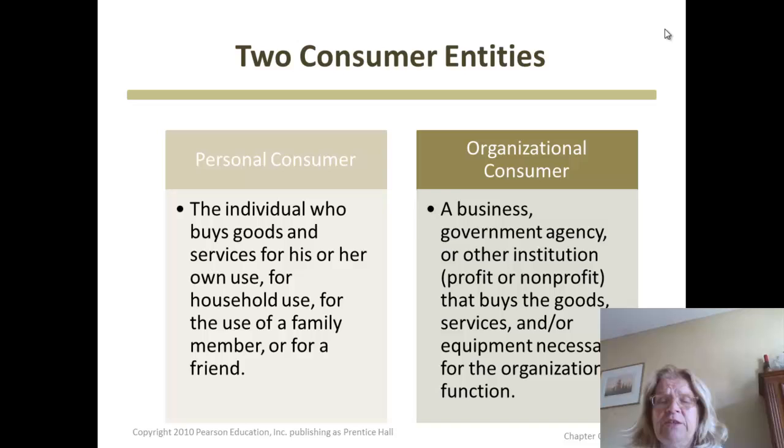The organizational consumer is buying for the organization or to resell the products to the personal consumer. Although both types of consumer entities are important, we will be focusing on the personal consumer throughout this course.